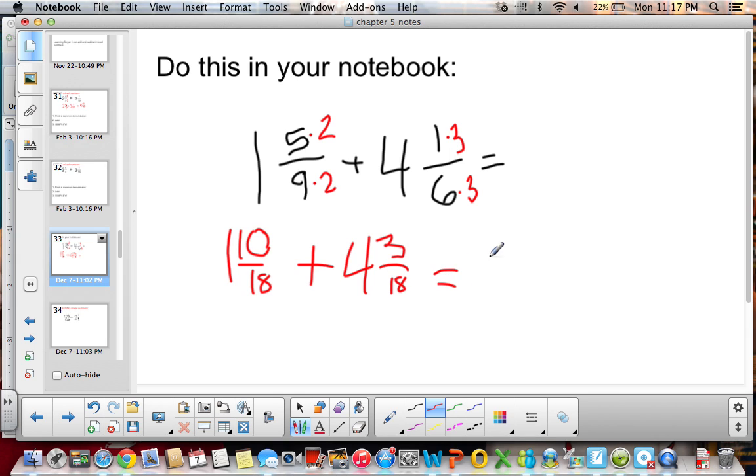So my answer is going to be 5 and 13/18, which 13 is prime, so we know then that it can't be simplified anymore, so we leave it just like that.